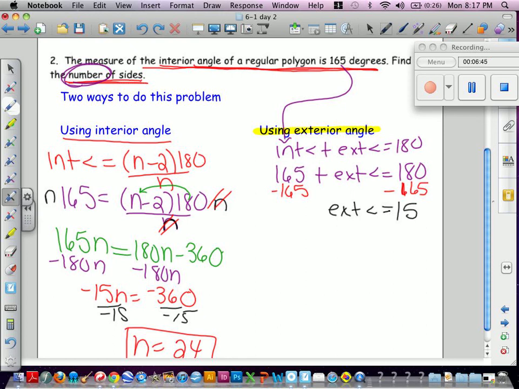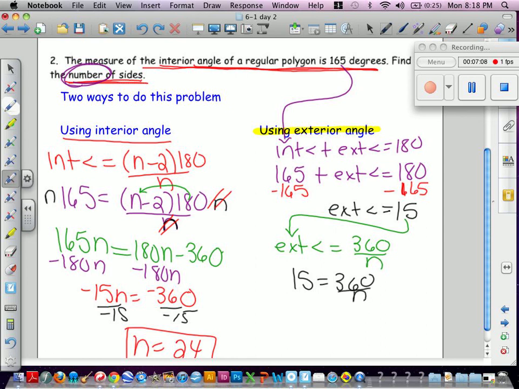Using your exterior angle formula, which is 360 divided by n, 15 is your exterior angle. 15 equals 360 over n. Don't like that n on the bottom?